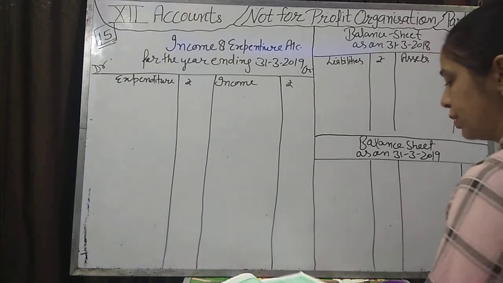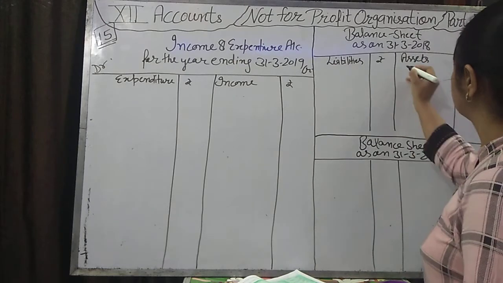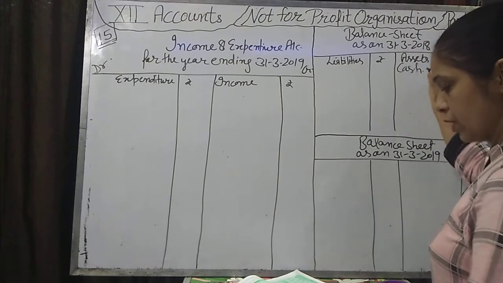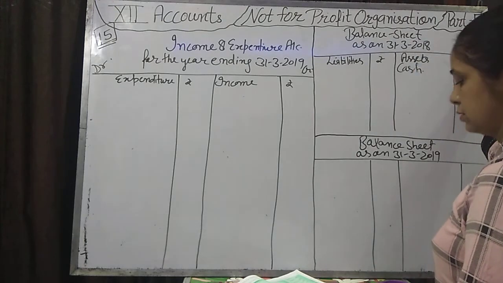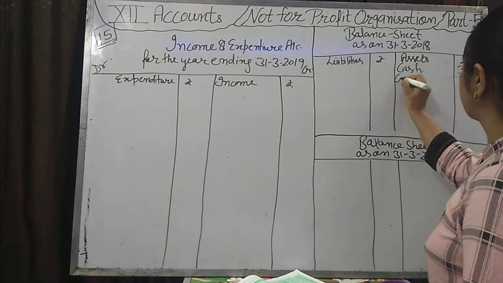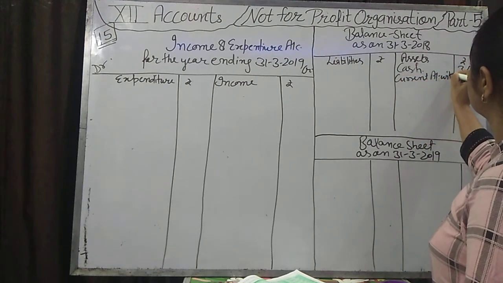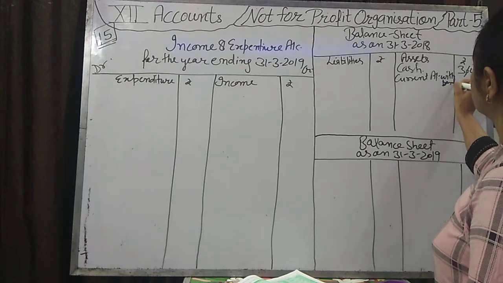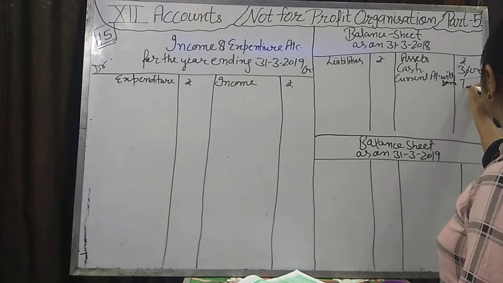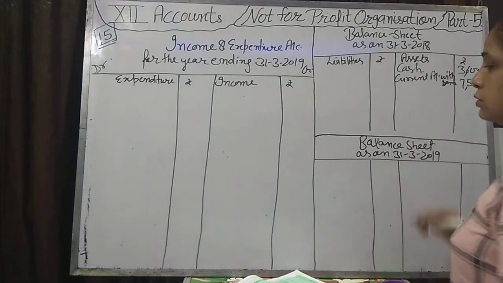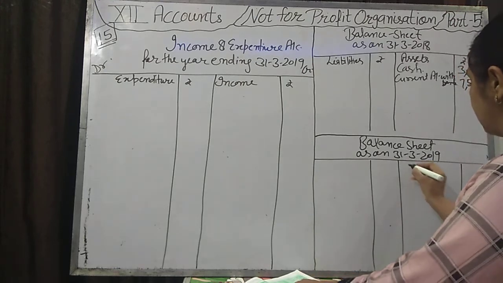Okay, in the opening balance you will write cash on the asset side. How much cash is there? 3,600, and current account with bank, that is 7,570. Is it clear? Now the closing balance we will write in the closing balance sheet.